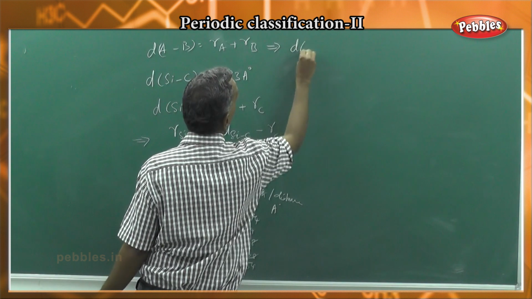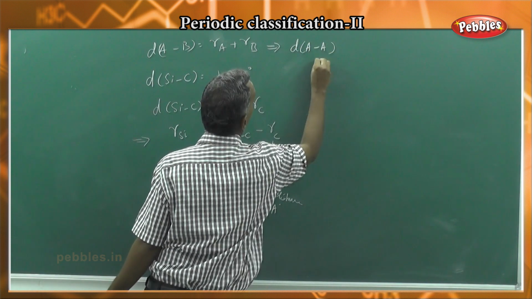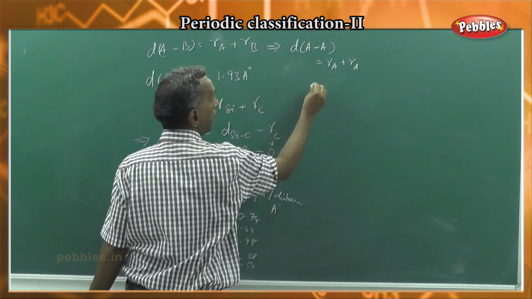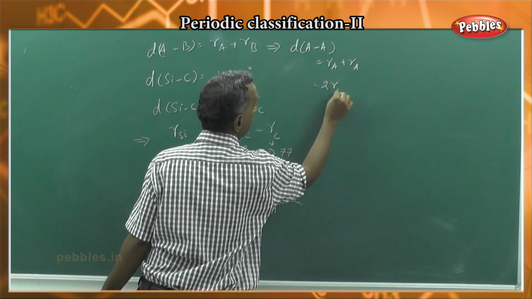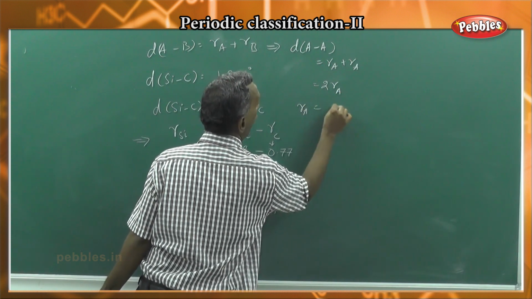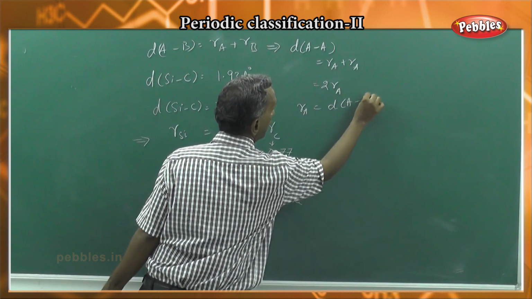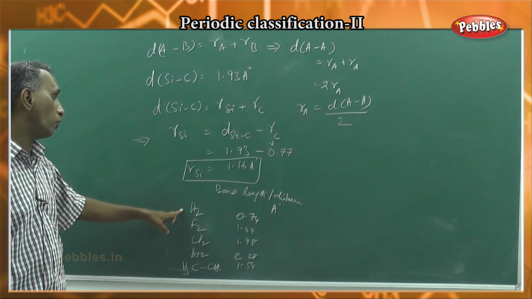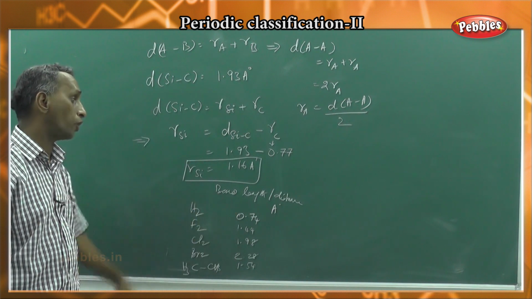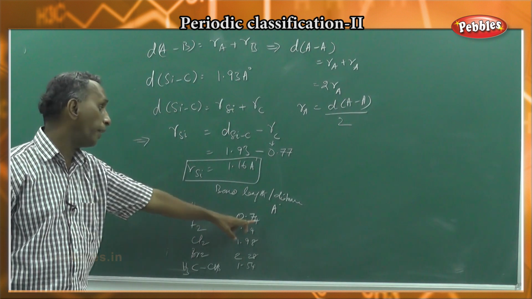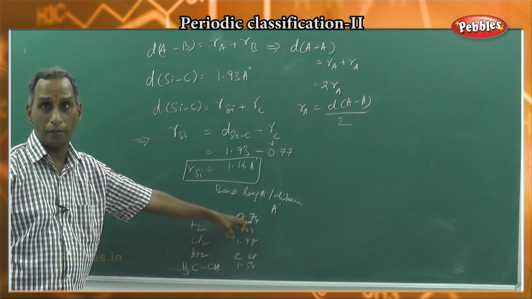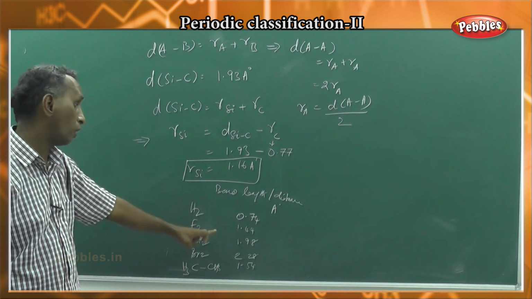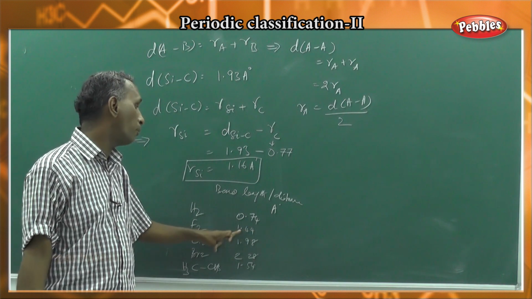For a homonuclear system, D_AA equals R_A plus R_A. So the distance between the atoms A and A is nothing but 2R_A, or R_A equals half of the distance between the atoms A and A. For example, if the bond distance of hydrogen is 0.74 angstrom, the radius of one hydrogen atom is 0.37 angstrom. For fluorine, bond distance 1.44 angstrom, the radius of a fluorine atom is 0.72 angstrom.